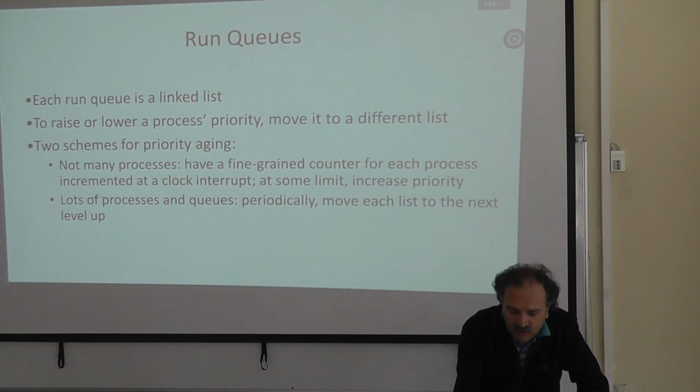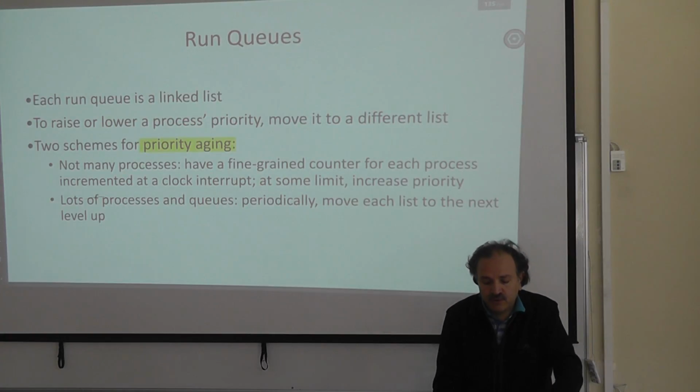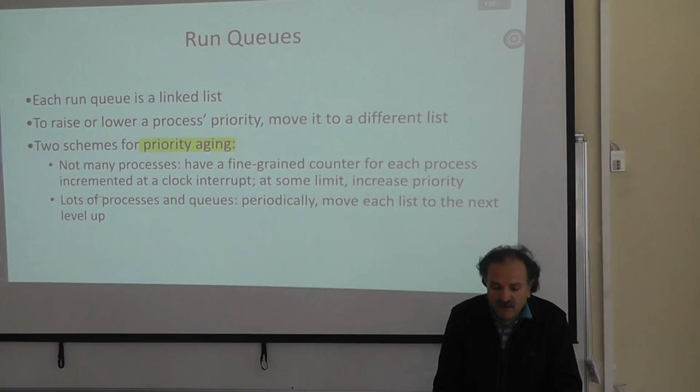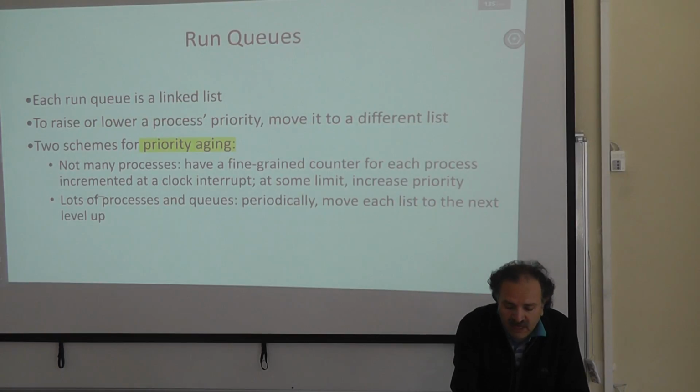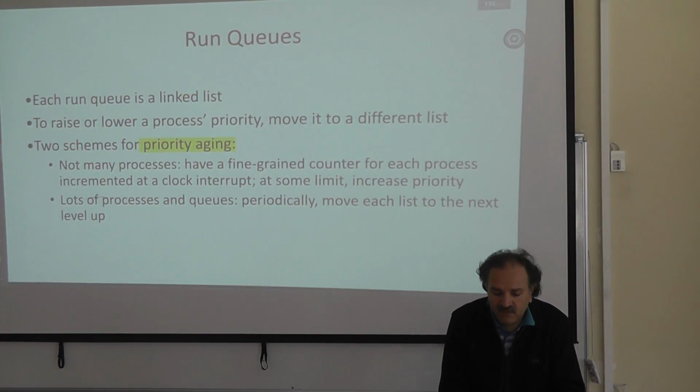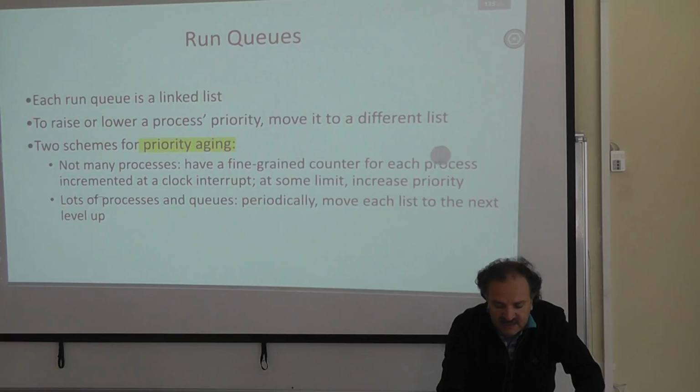So there are two types of doing this priority aging with this run queues approach. If you don't have many processes, you keep a counter for each process and increment this priority counter at the clock interrupt at some limit and increase the priority.